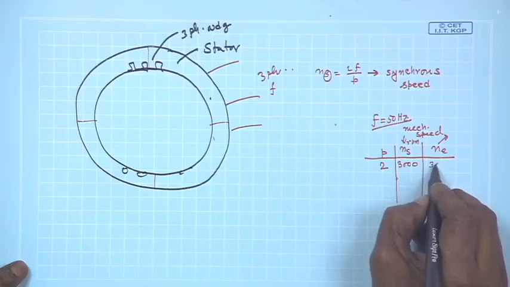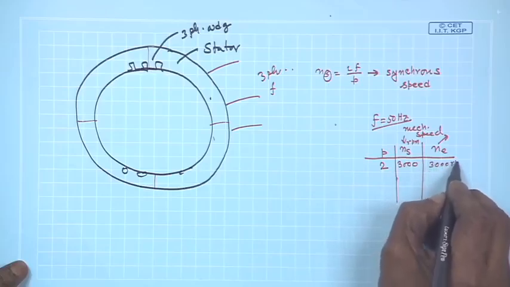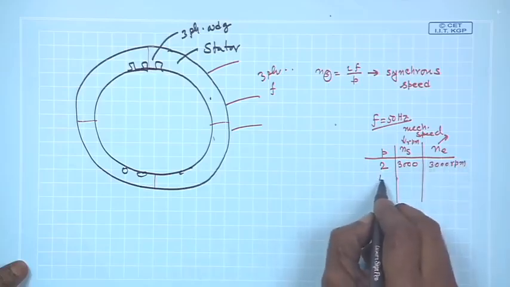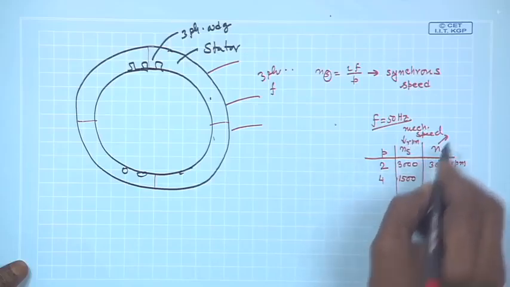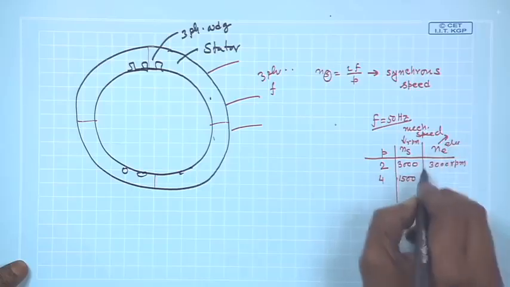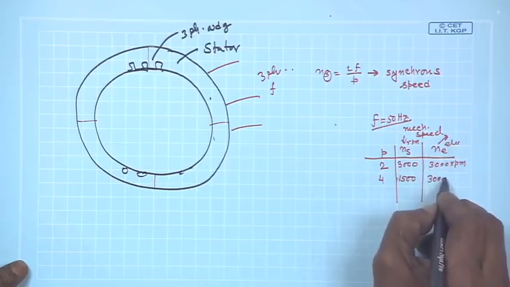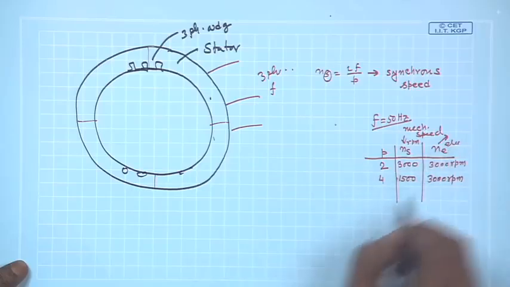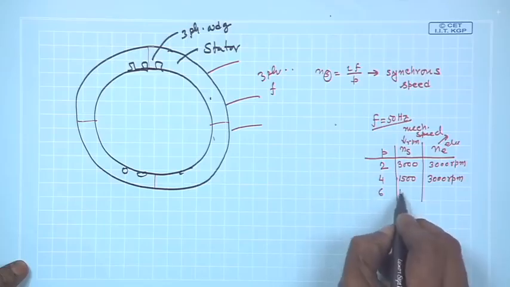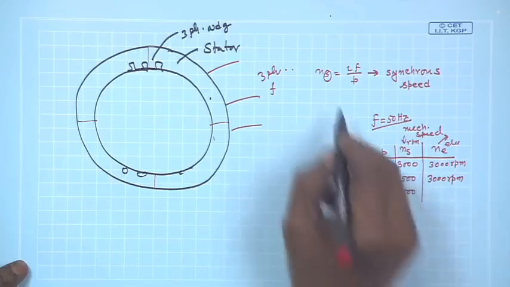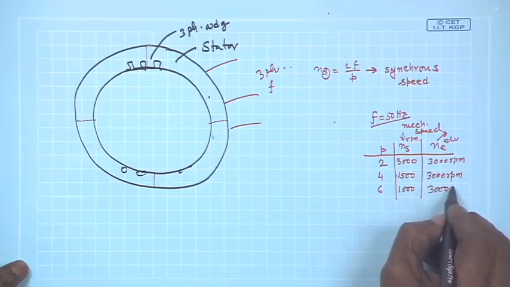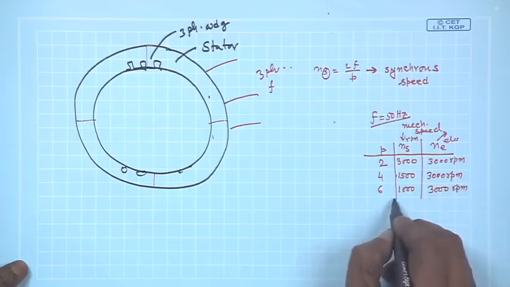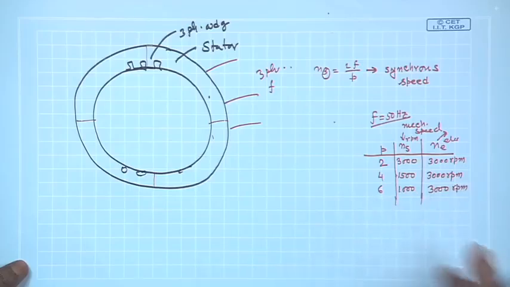This will also be 3000 RPM electrical speed. 4 pole, it will be 1500 RPM mechanical speed, electrical speed will still remain 3000 RPM. Understood? 6 pole, it is 1000 RPM. You calculate from this, and this will remain 3000. So electrical speed in electrical degrees, they are all one and the same.